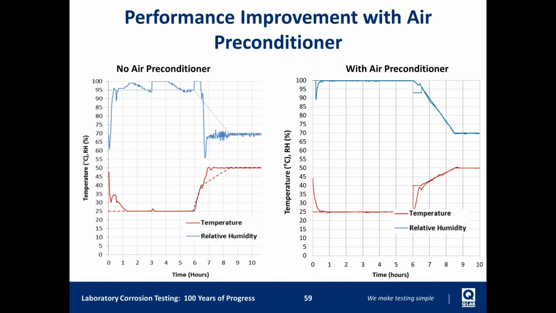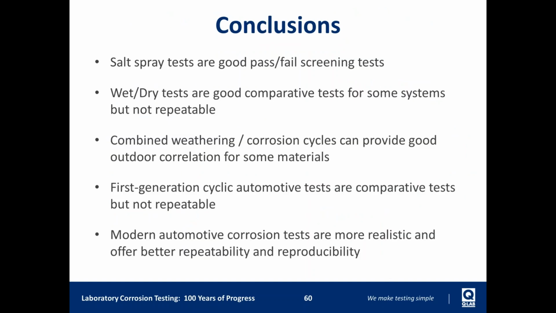And so modern corrosion testers have really gotten to the point where they can run these test methods. And some of these modern test methods have very good correlation outdoors. But that's not to say that some of the older methods like salt spray are obsolete. I mean, you wouldn't want to use a salt spray test as a correlation test to develop a new formula, but they're still very good pass-fail tests for quality control or qualification.